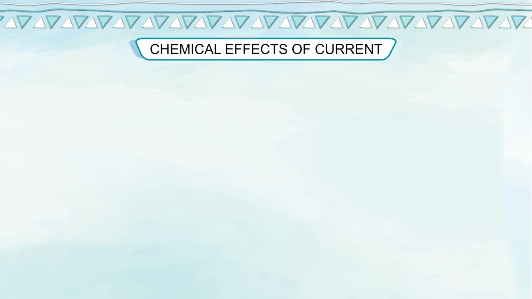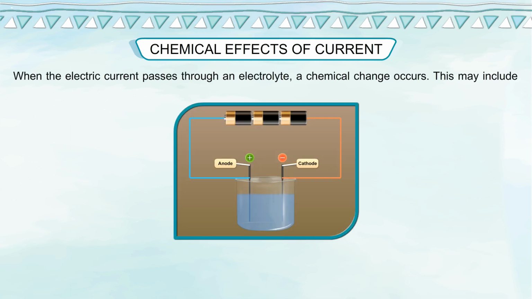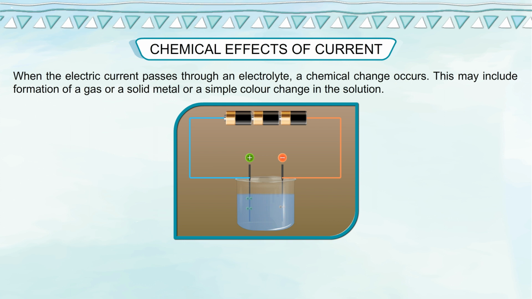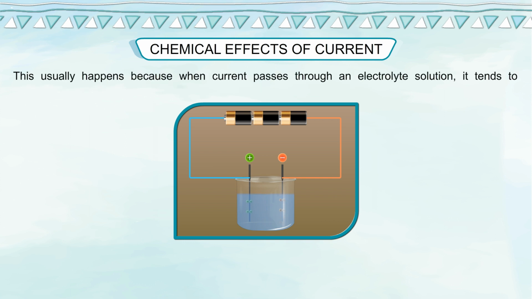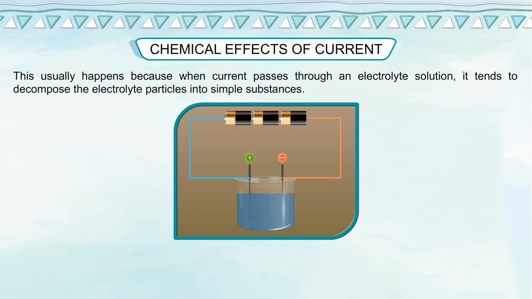Chemical effects of current. When the electric current passes through an electrolyte, a chemical change occurs. This may include formation of a gas or a solid metal or a simple color change in the solution. This usually happens because when current passes through an electrolyte solution, it tends to decompose the electrolyte particles into simple substances.